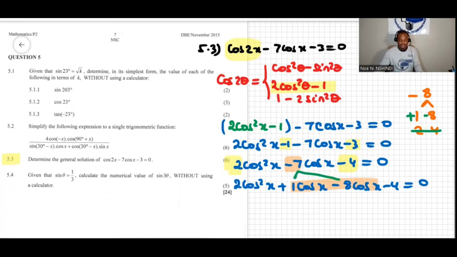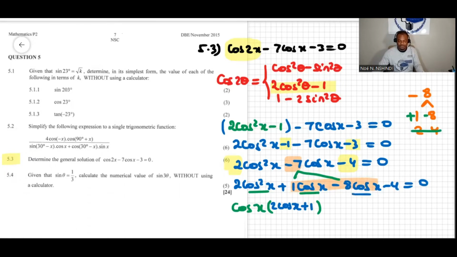Now the idea is to factorize by couples, okay? The first 2 and the last 2. So over here, you notice you have cos x as a common factor. And then in the brackets, it will be 2 cos x plus 1.